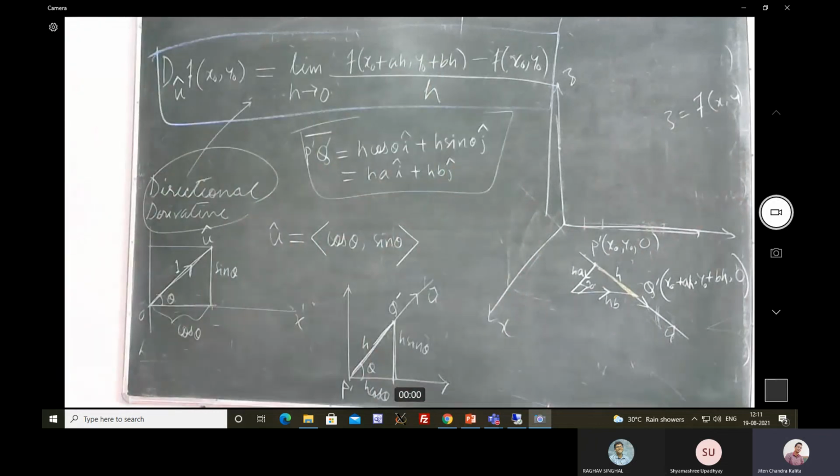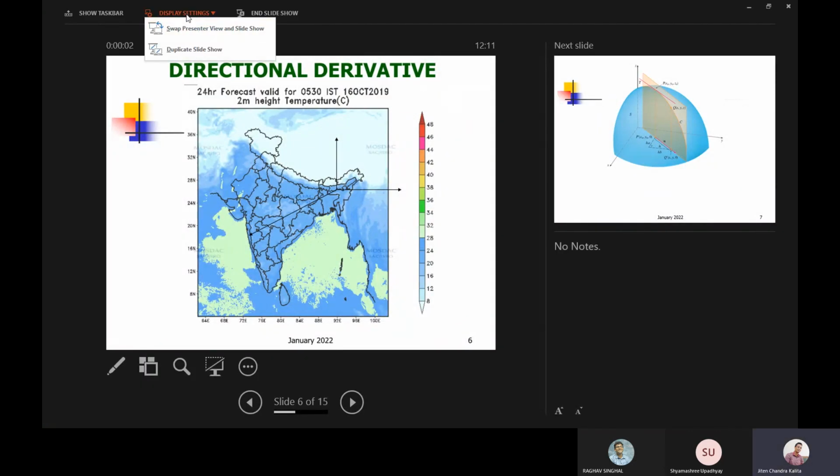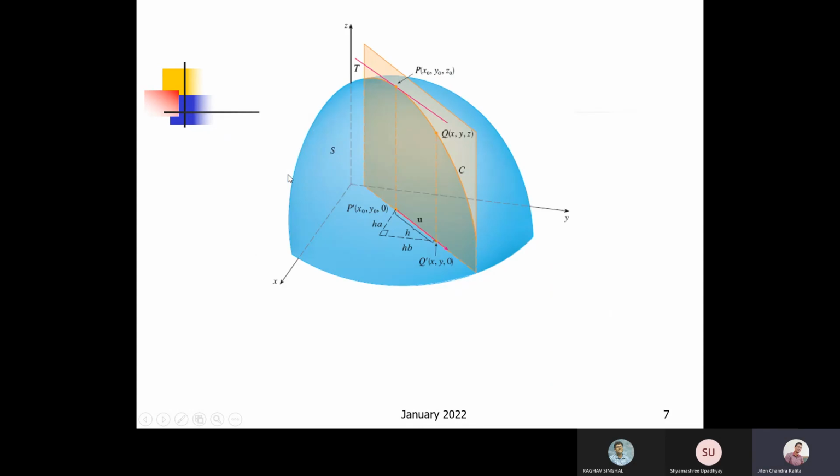I'll again quickly go through the slides. See, this is the situation we consider. This is much better, isn't it? Because I have already explained it on the blackboard, it will be easier for you to understand. This blue surface is the graph of the function f of x, y.